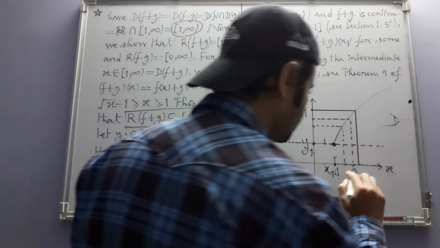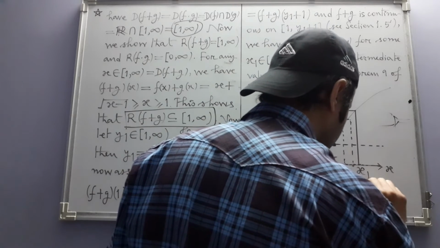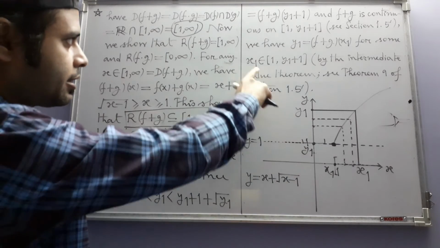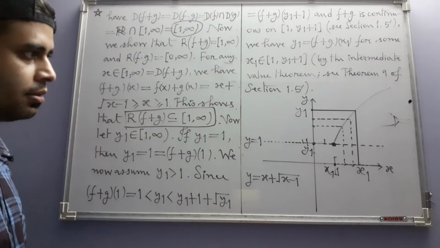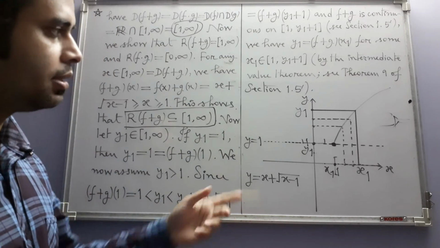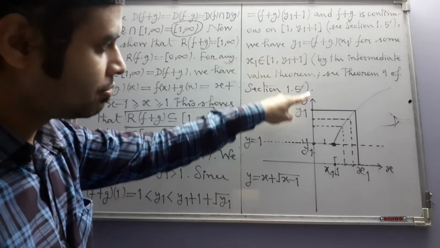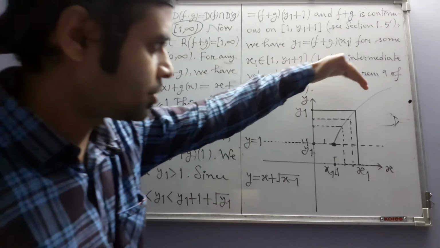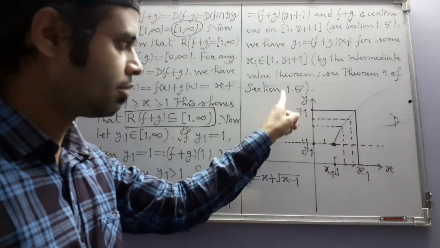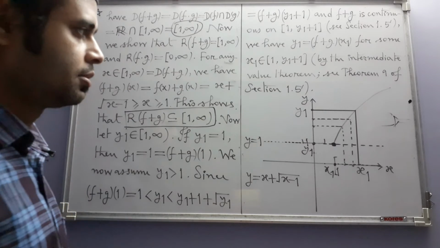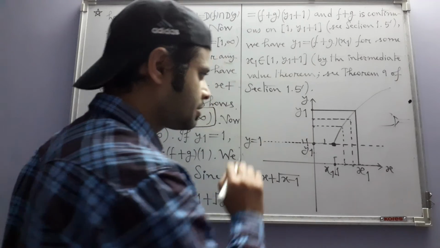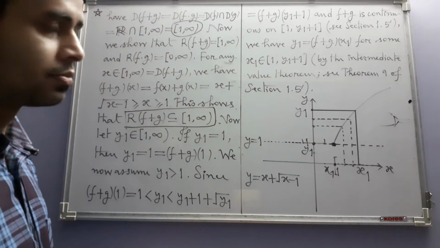So this is your x1, and that x1 we have written here. Now from the geometry of this situation, you can see that whatever your y1 is here, correspondingly you will get some input x1 for which y1 is the output. But the problem is that is coming from geometry.